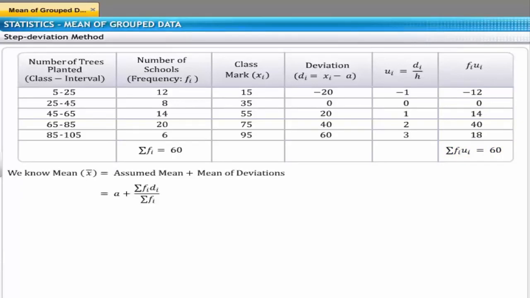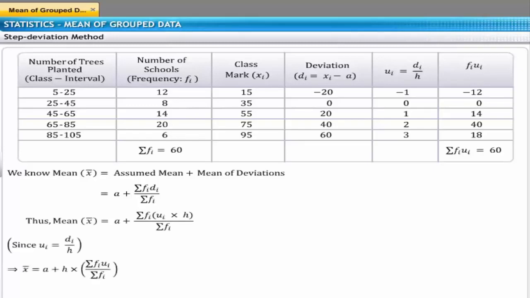Now, let us see how we can use this value to find the mean of the given grouped data. This involves a bit of derivation. Let us start with the relation we found in the assumed mean method. Since ui is equal to di divided by h, we can say di is equal to the product of ui and the class size h. Substituting this value in the equation, we find a relationship between the mean x bar, ui and h.